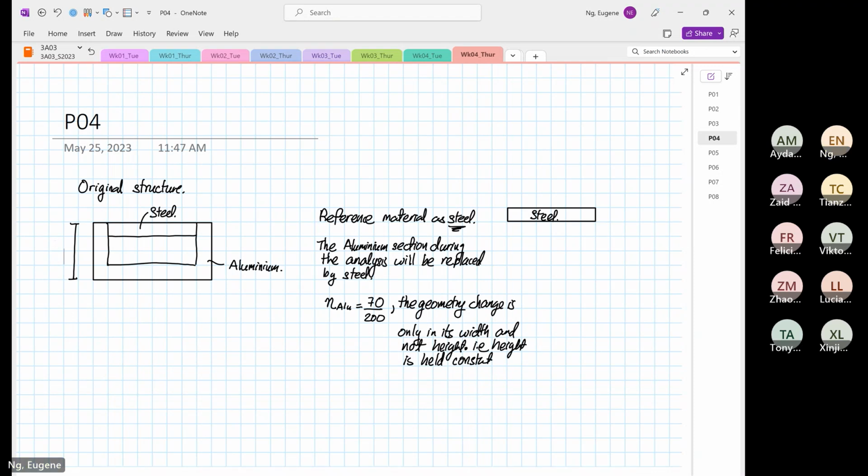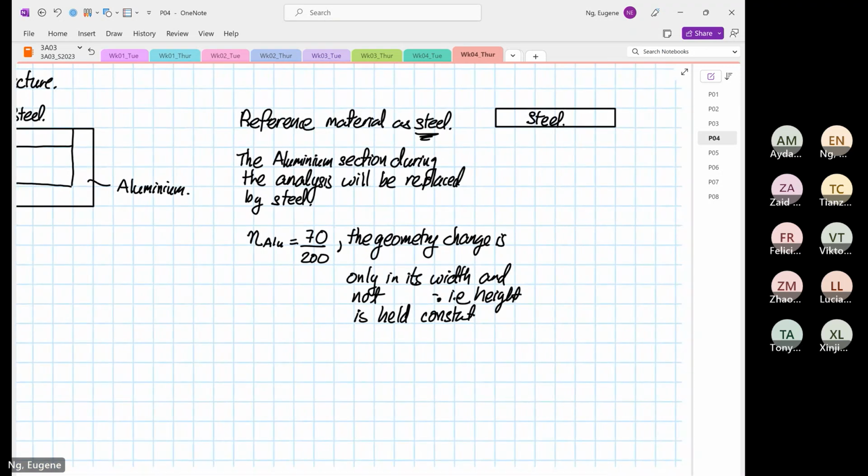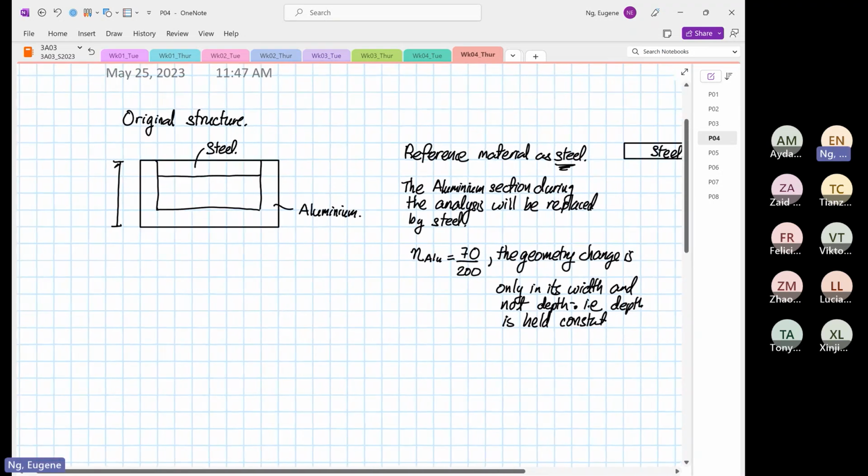Sorry, I'm going to change this to depth. So the depth geometry cannot change, and I'll tell you why later.